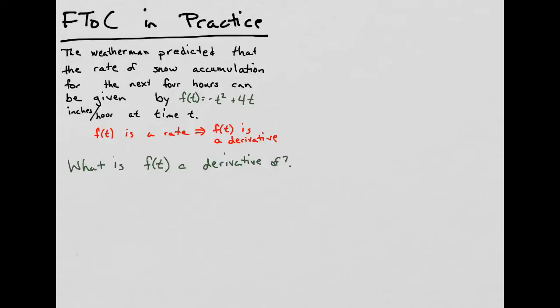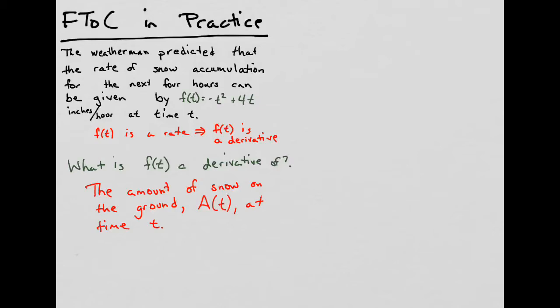So if f of t is a derivative and its units are inches per hour and it's of snow accumulation, then little f of t is going to be the derivative of the amount of snow on the ground. Okay, and so let's say that that is A of t. So the amount of snow on the ground at time t.